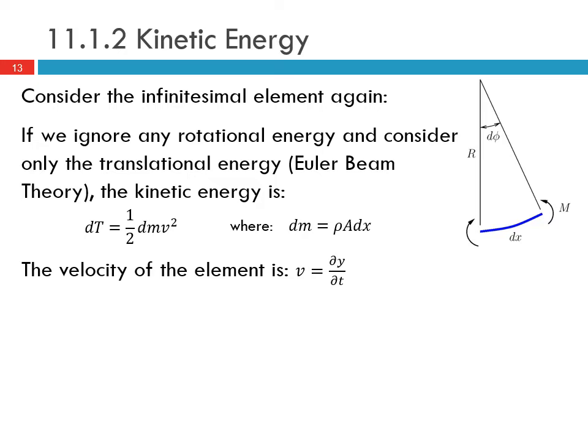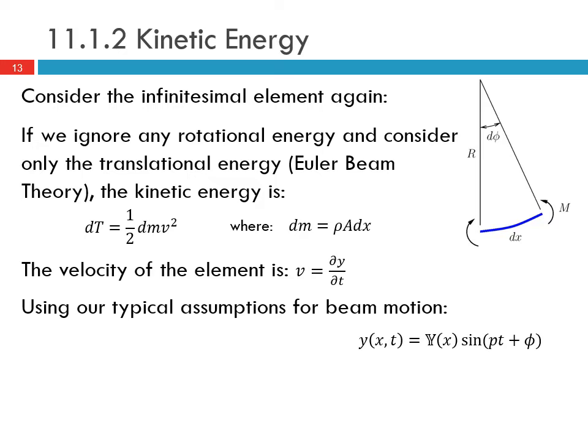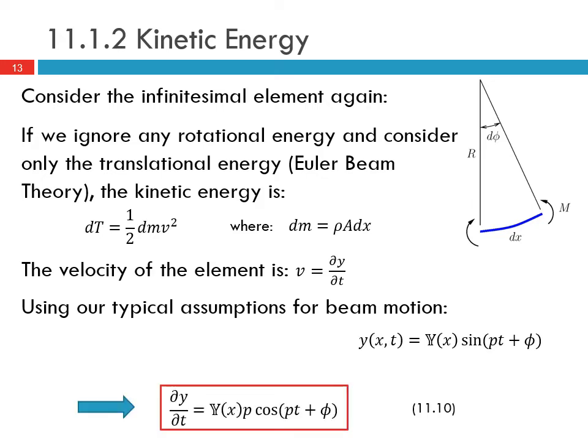And the velocity of this element is partial y by partial t. And using our typical assumption for beam motion, y of x and t is equal to Y of x times sine(pt plus phi), we can find partial y by partial t is just Y of x times p cosine(pt plus phi).